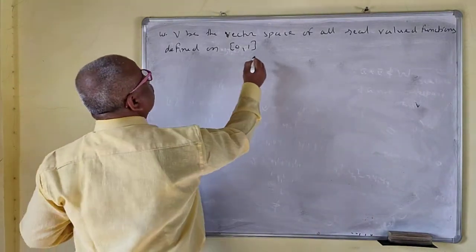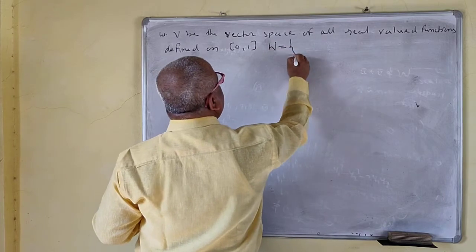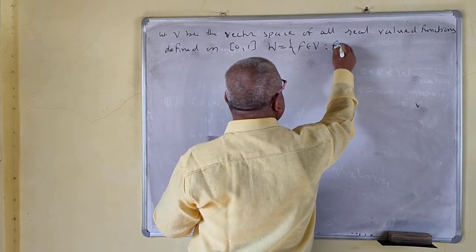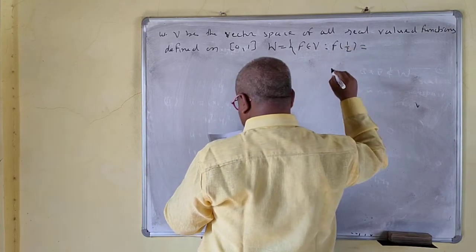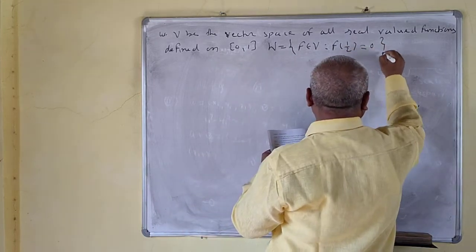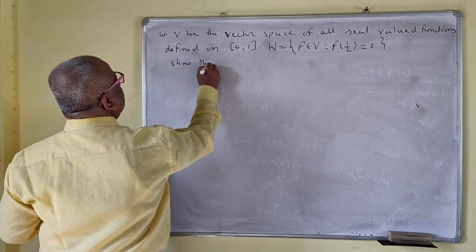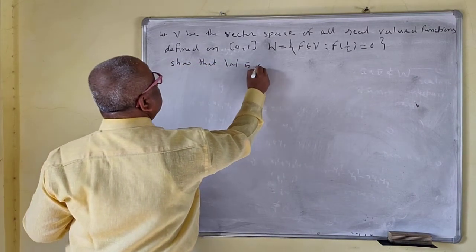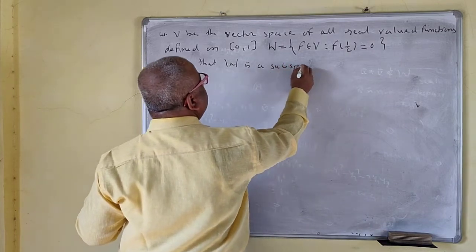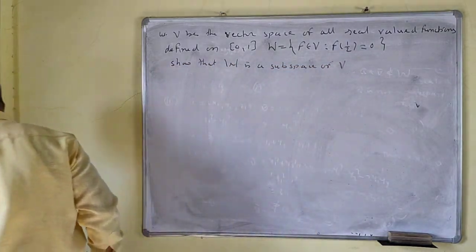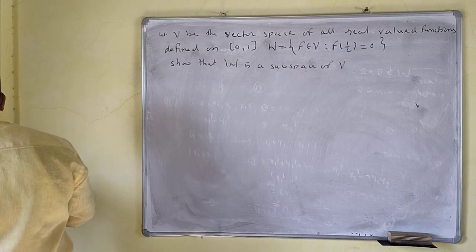Let W be equal to the set of F belonging to V such that F of half is equal to 0. Show that W is a subspace of V.